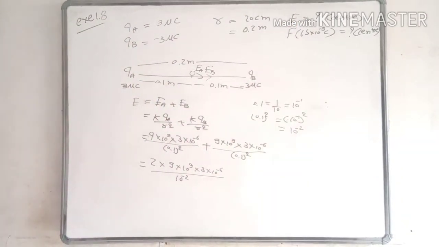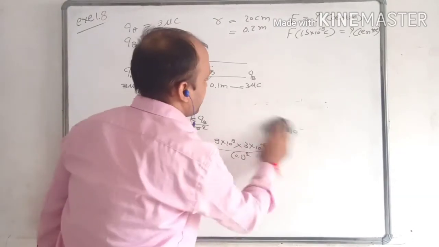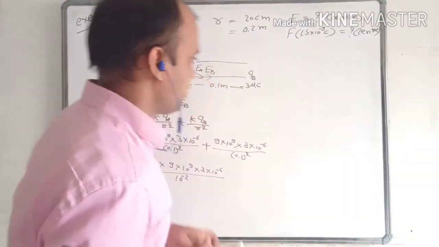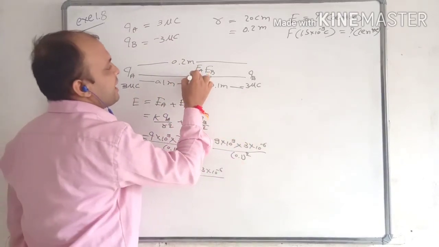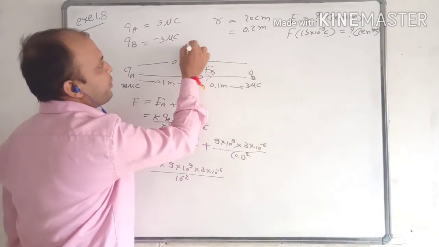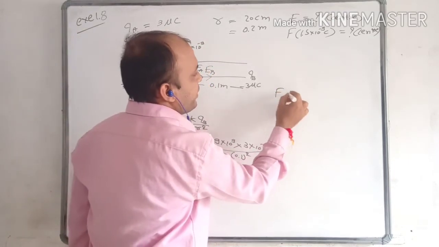Okay students, and in another case you have to put the charge at the center. So when you put the charge at the center, 1.5 into 10 raised to minus 9. So force will be what?